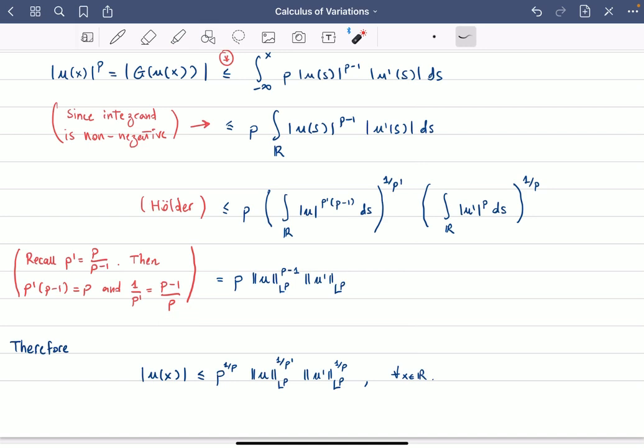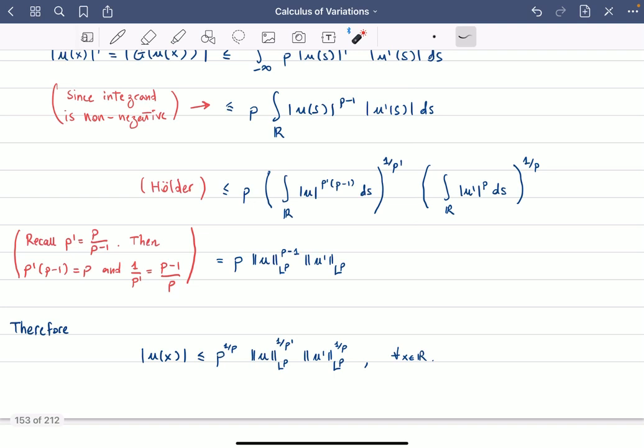So in the end, if you want to write this in terms of the L^p norm, because here you have a p exponent, then you have to multiply and divide by p, and instead the external exponent becomes p minus 1. Actually you don't have to do any calculation, because 1 over p prime is equal to p minus 1 over p.